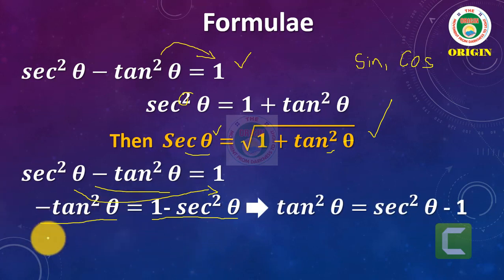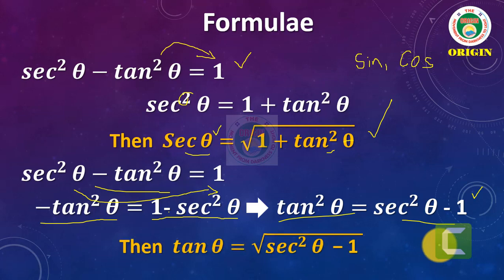Now if you multiply with the minus sign, then tan square theta equal to secant square theta minus 1. Then a square converted into square root, tan theta equal to square root of secant square theta minus 1. This is another formula.